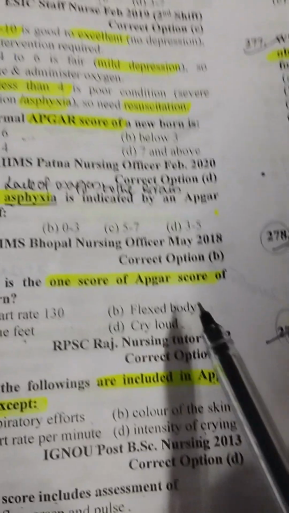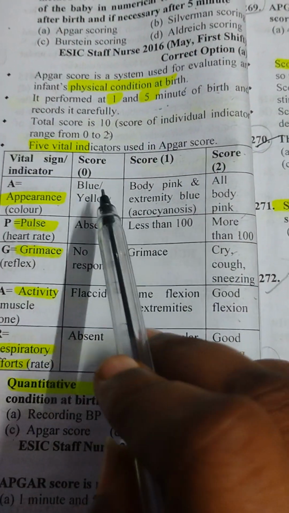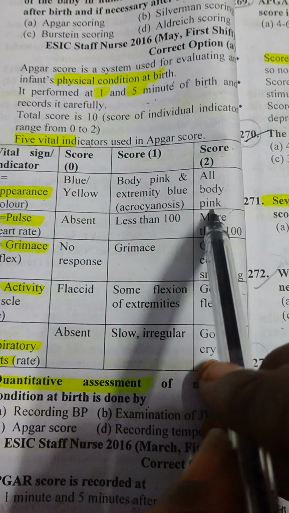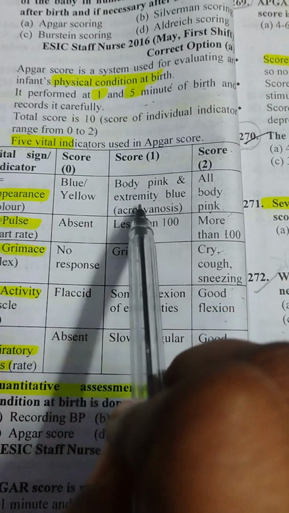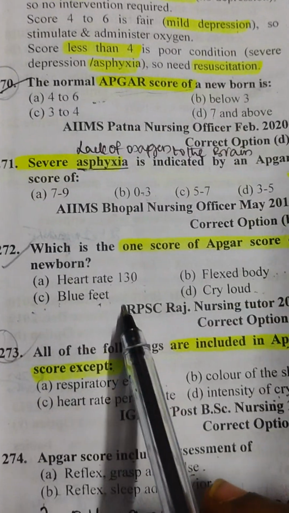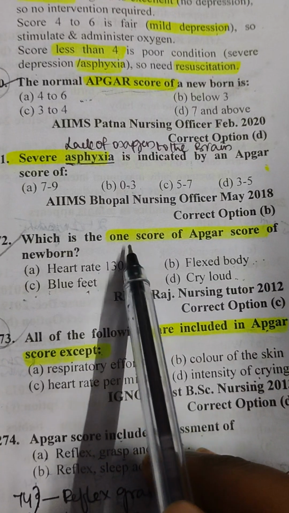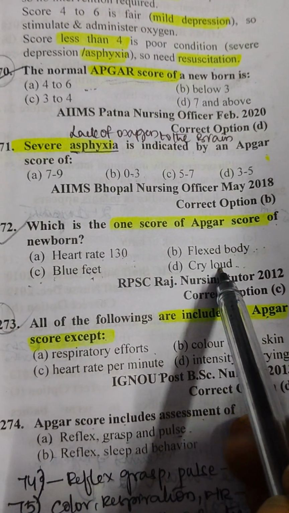This is also normal. And blue feet: here you can see appearance or color. If the body is totally pink, we have to give 2. Here the baby has blue feet or blue extremities, so we have to give 1. So blue feet is considered one score of the APGAR score. Crying loud is also a normal response, we have to give 2 marks.